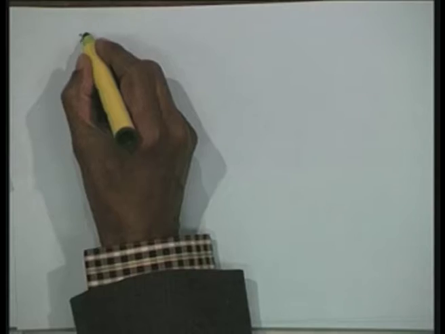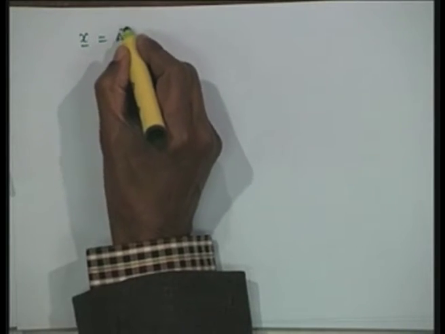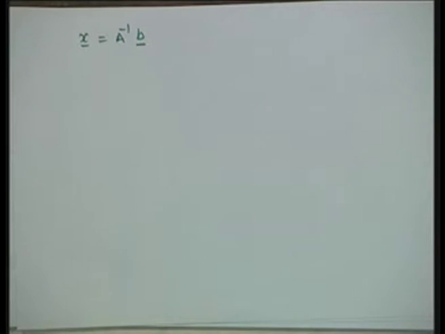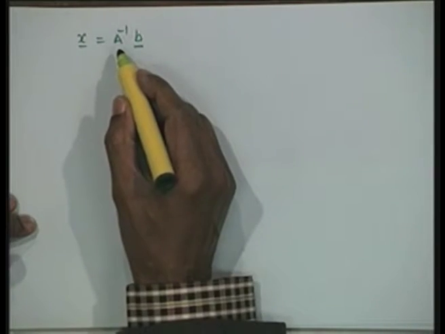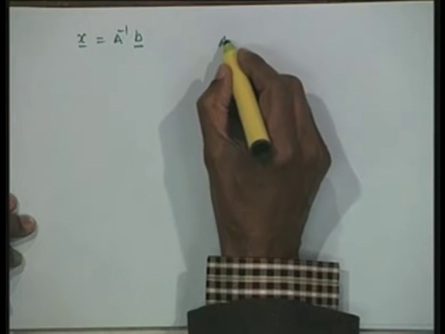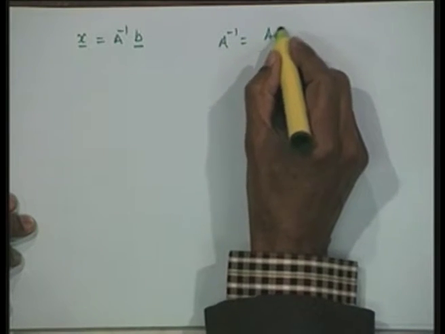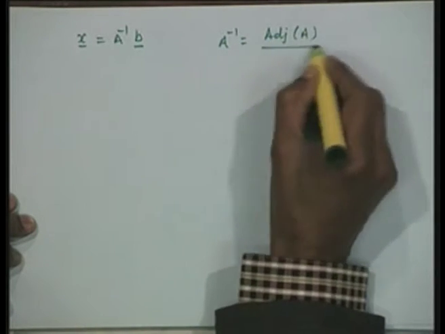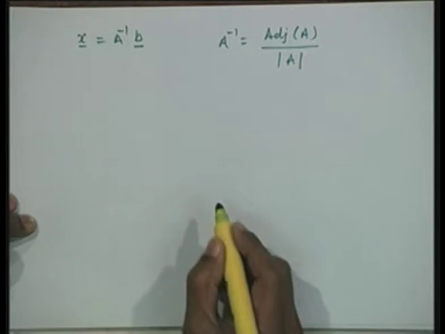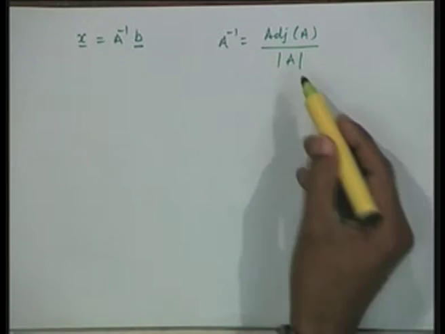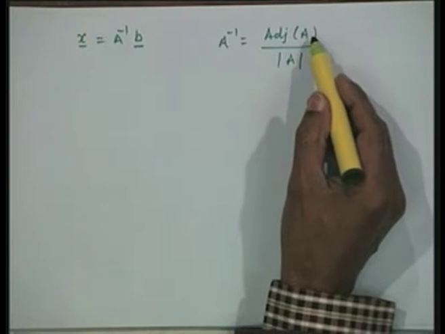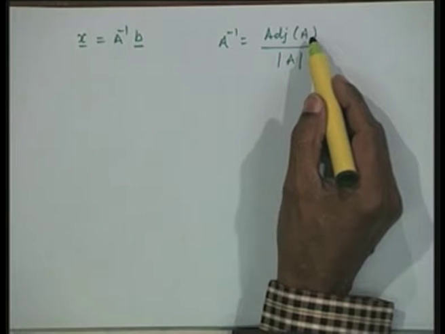And the same thing holds if we are using the other concept of finding x is equal to A inverse b. The discussion that we made for Cramer's rule holds also here, because the definition of A inverse is adjoint of A divided by determinant of A. Therefore, here also we have the evaluation of one determinant and all the cofactors of the matrix, that is, n square cofactors to be determined.